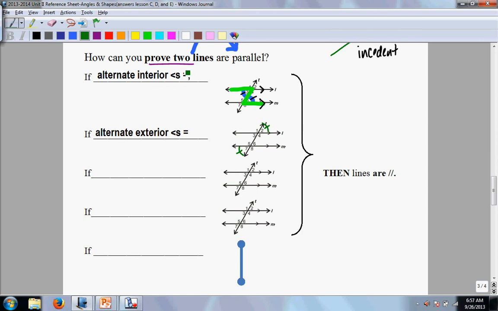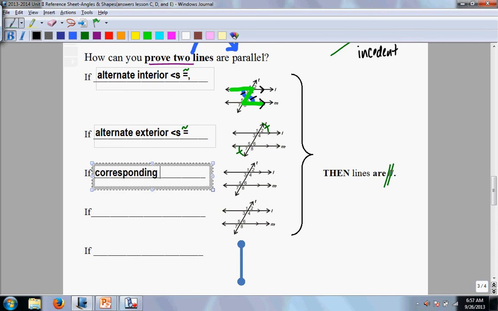If they are congruent, then the lines are forced to be parallel. If corresponding angles are congruent, one's in, one's out, same side, if those are congruent, it forces those lines to be parallel.